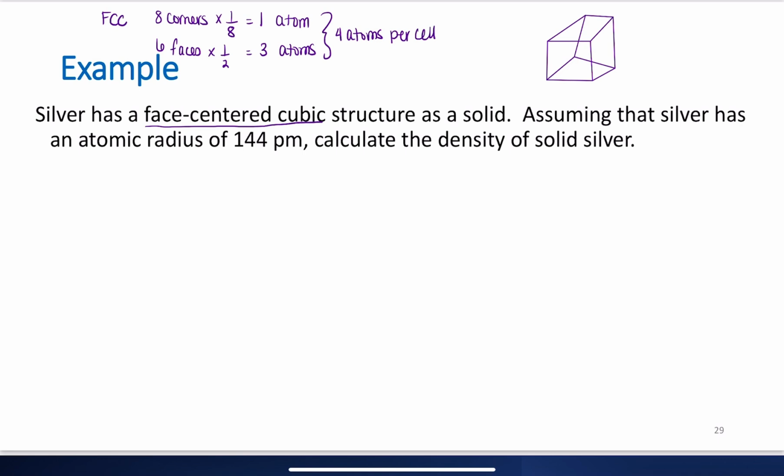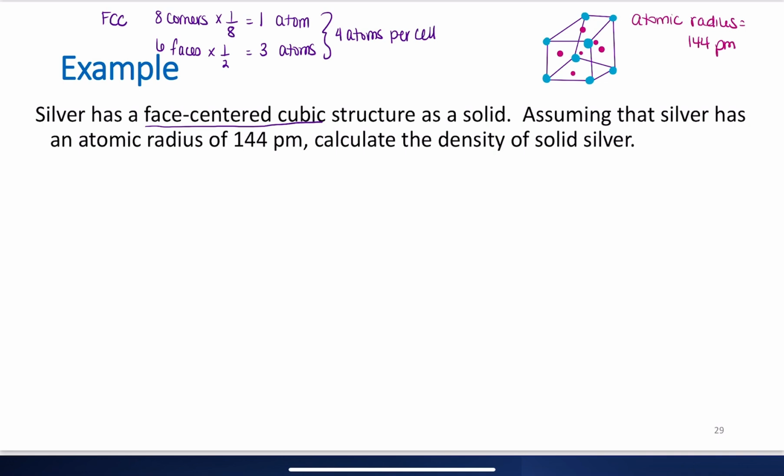That is not drawn very well. We'll pretend. Your corners and your faces. We know the atomic radius is 144 picometer.